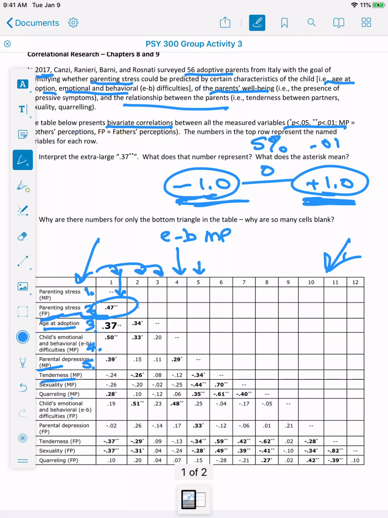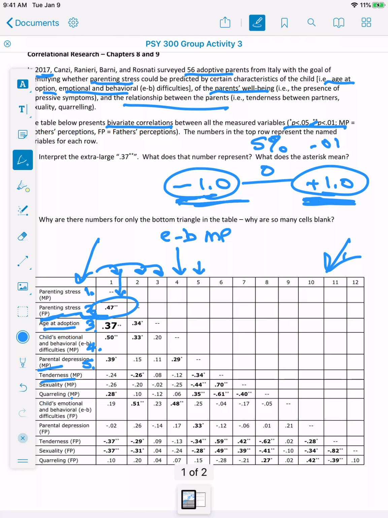And here we have a value of 0.47. It's a positive relationship, and the asterisks indicate that it's likely to reflect a real-world relationship, that those numbers couldn't have happened by chance. With 2 asterisks, it's a 99% chance that those numbers reflect reality.